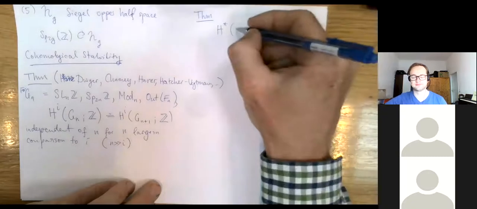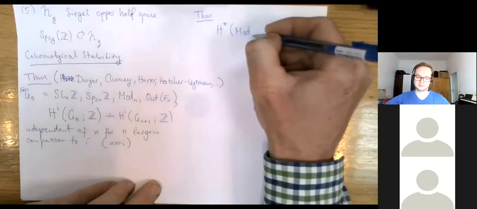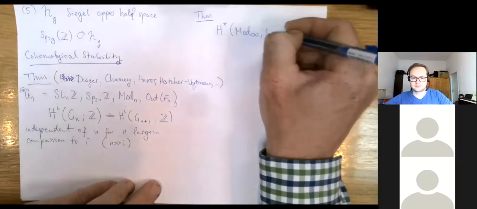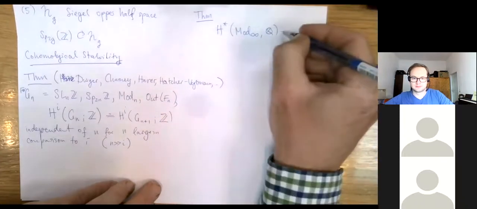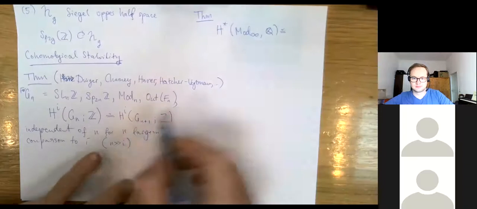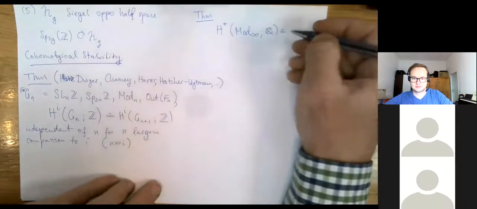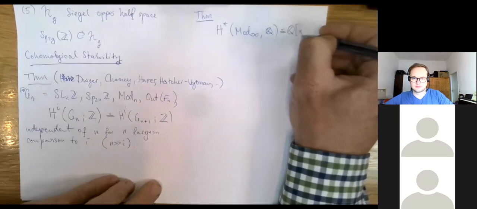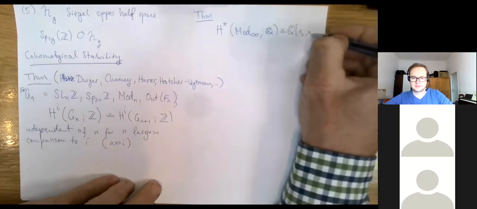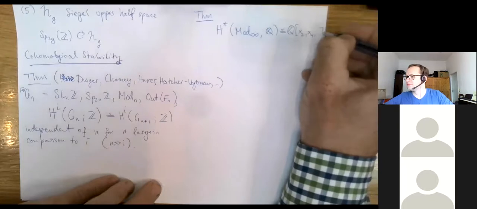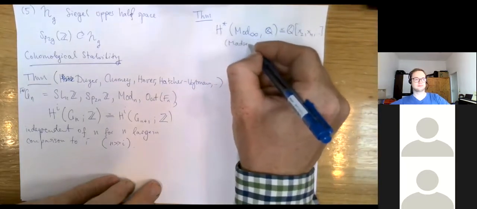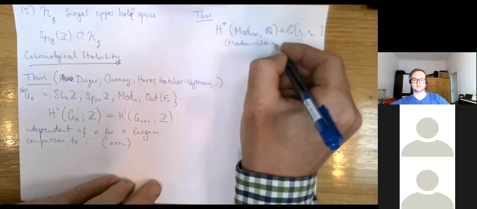So let's see, the cohomology ring of the mapping class group in the stable range with rational coefficients is a polynomial ring with generators in even degrees. Is this Madsen and Weiss?